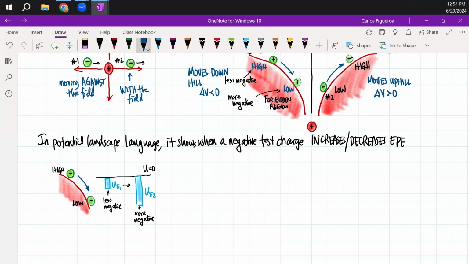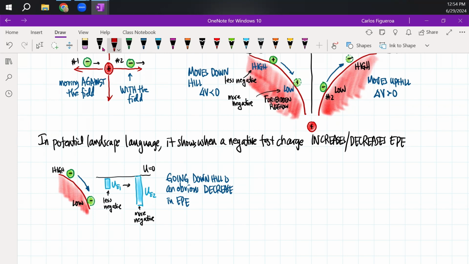So in this case, going downhill is an obvious decrease in electrical potential energy. The word obvious may not be such a good word, but if you remember the less negative versus the more negative, then it should appear that way.